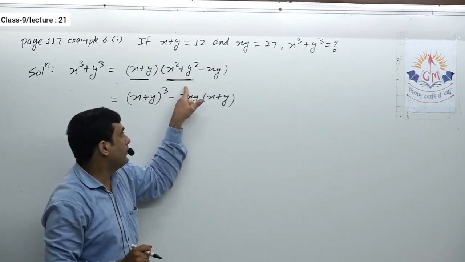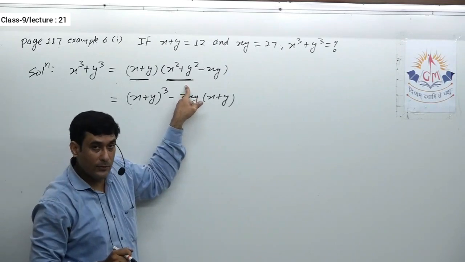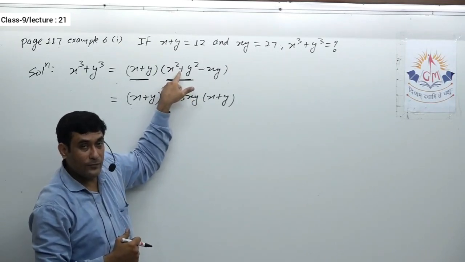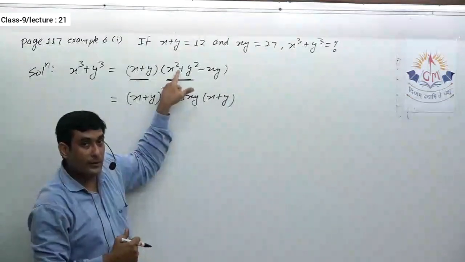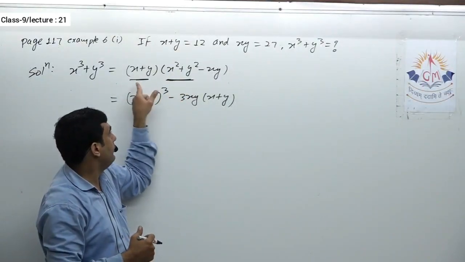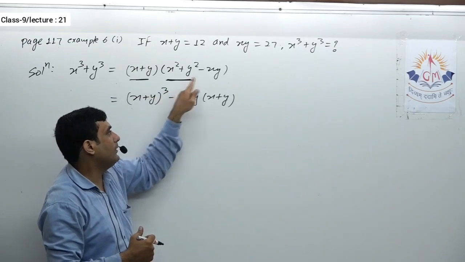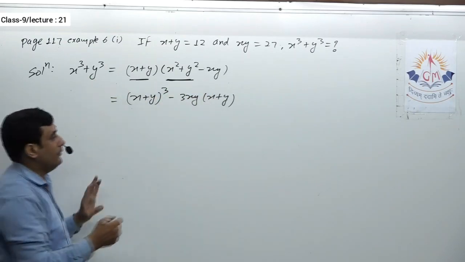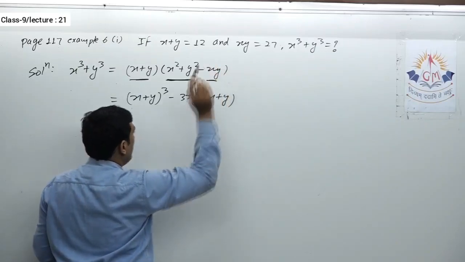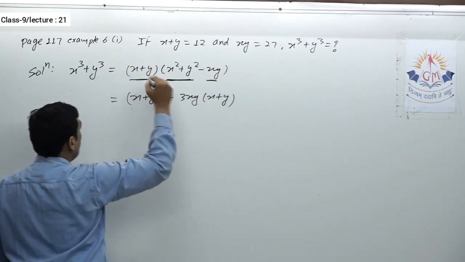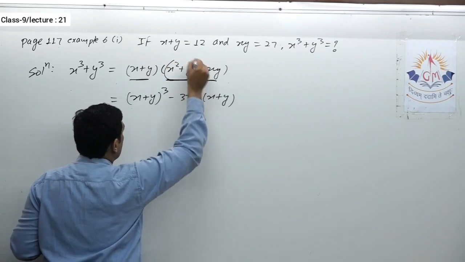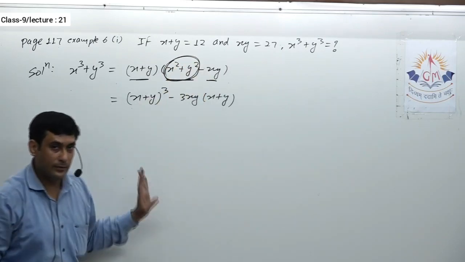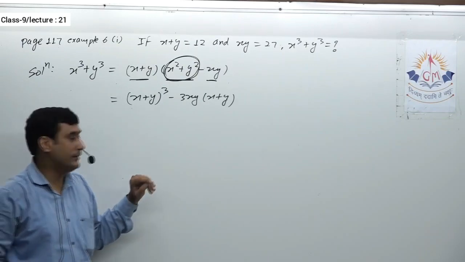It is possible to obtain this, but first we have to obtain this, and then by keeping the values of x plus y, x square plus y square and xy, it is possible to get this value. xy is 27, it is given. That means if I use this identity, I have to first find this.